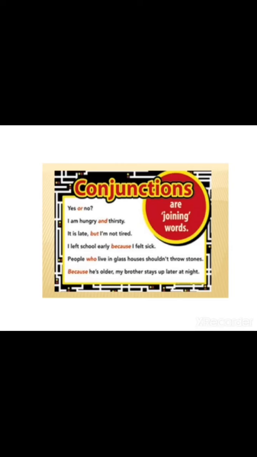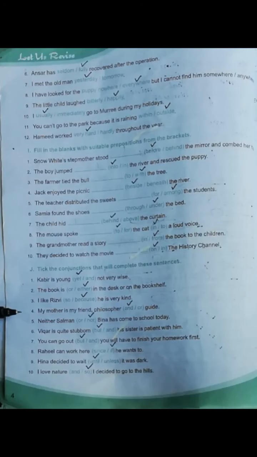So let's move toward our exercise. The last activity for today's class is to tick the conjunctions that will complete these sentences. The first one is: Kabir is young, dash not very wise. So the correct conjunction would be yet.